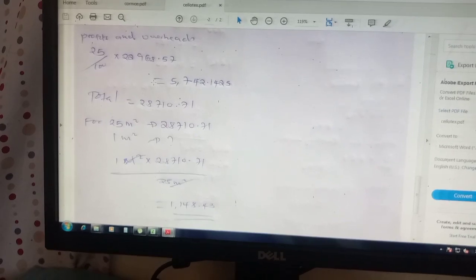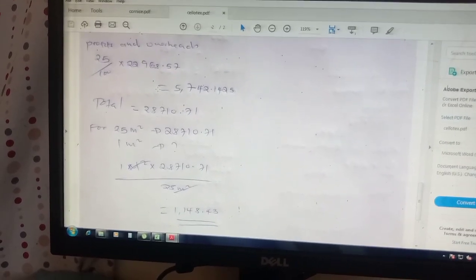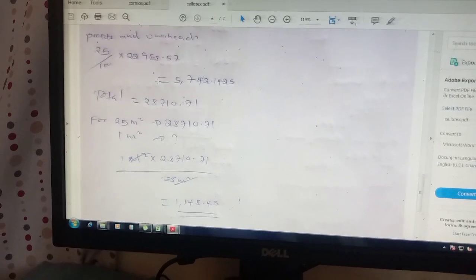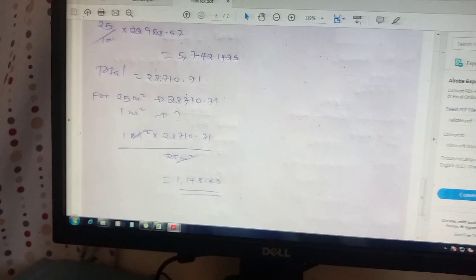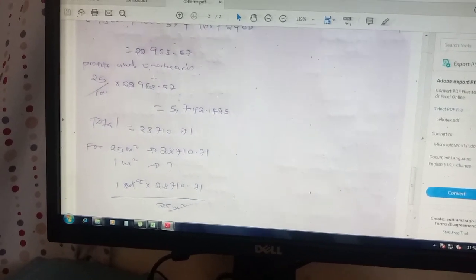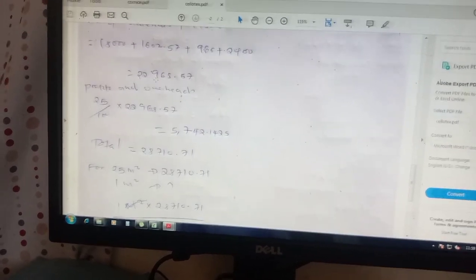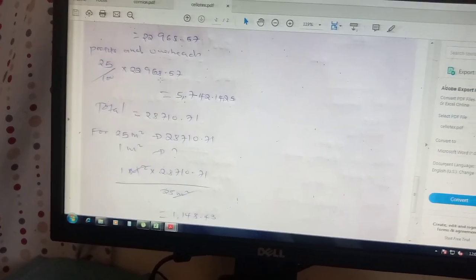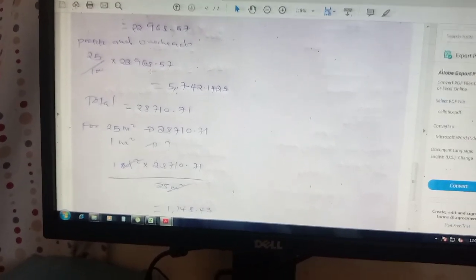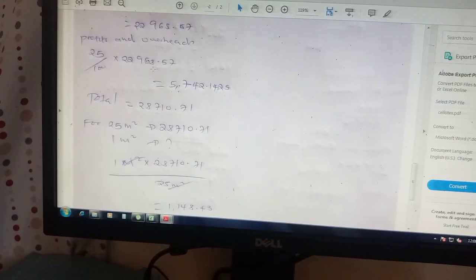You'll get 5,742.14. So if you add that for overheads and profits to the materials and labor, you will get 28,710.71. Remember that one is for the entire work, for the 25 square meters.